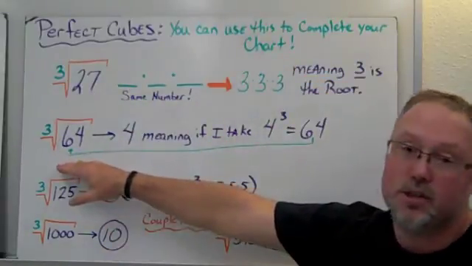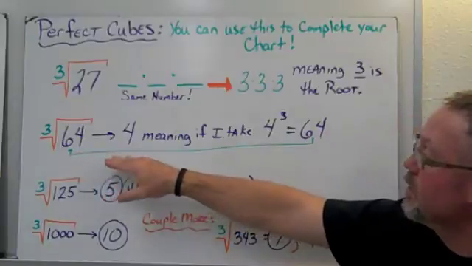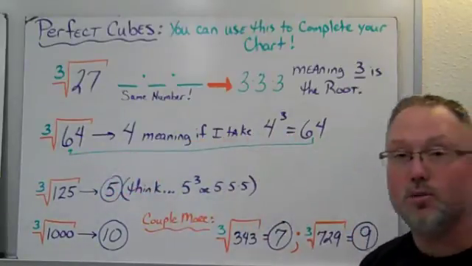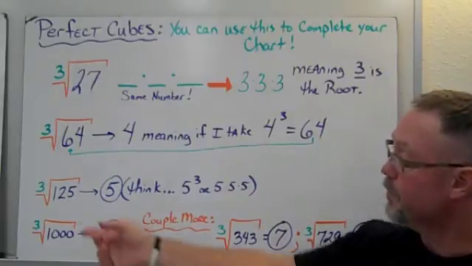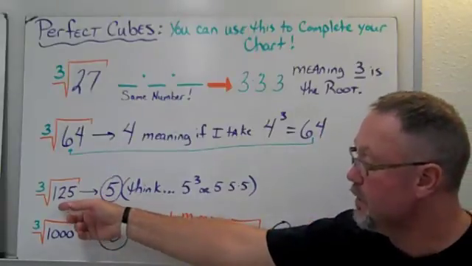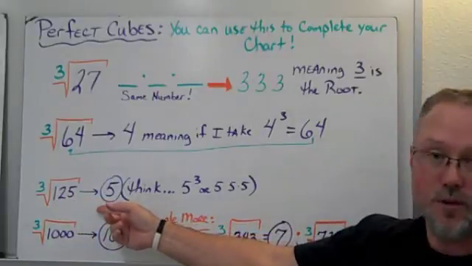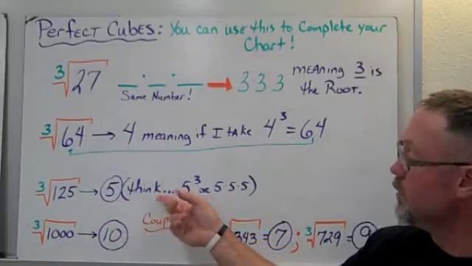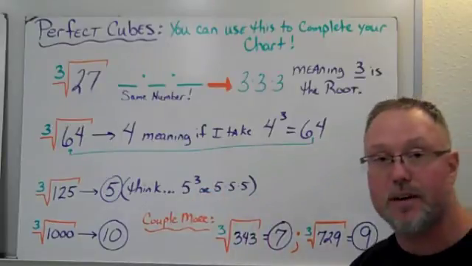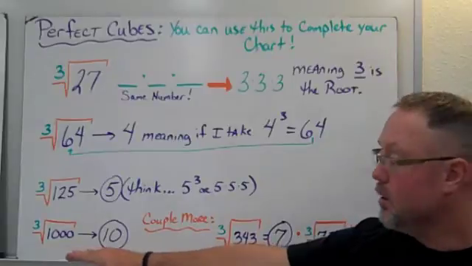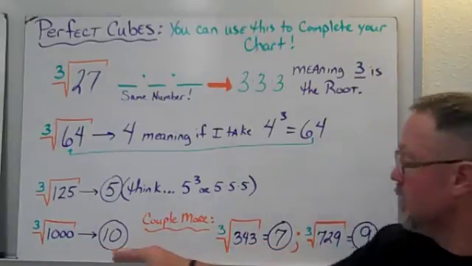Same as if we ask for the cube root of 64, we're looking at 4 as the root, meaning if I take 4 cubed, it gives me 64. For the other examples, if I have the cube root of 125, we're looking for 5 as being the root. So we think of it as 5 cubed or 5 times 5 times 5. Cube root of 1,000 comes out to be 10.